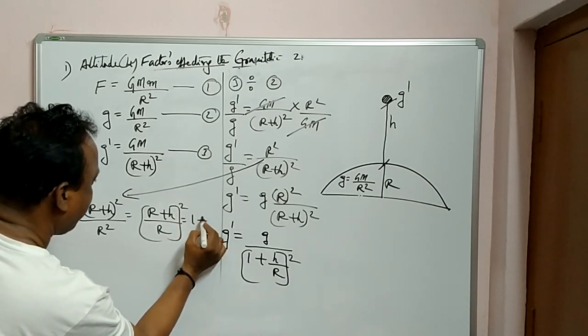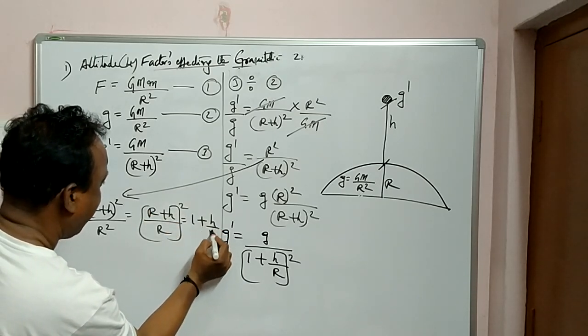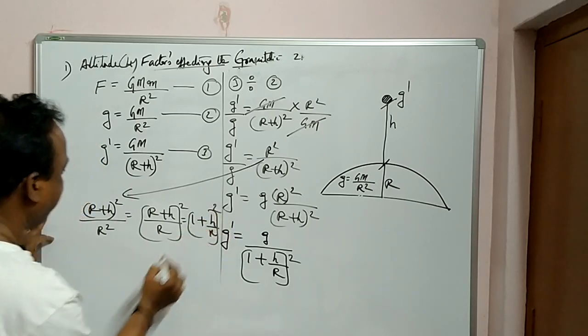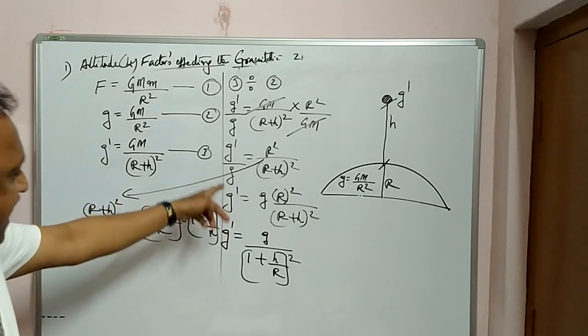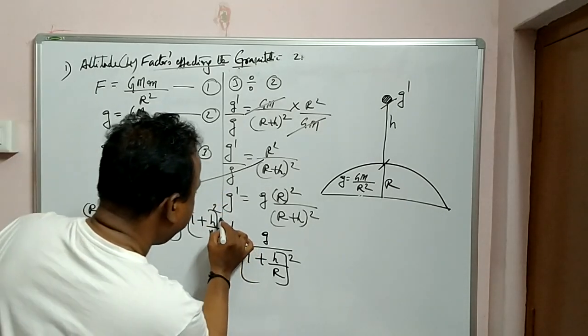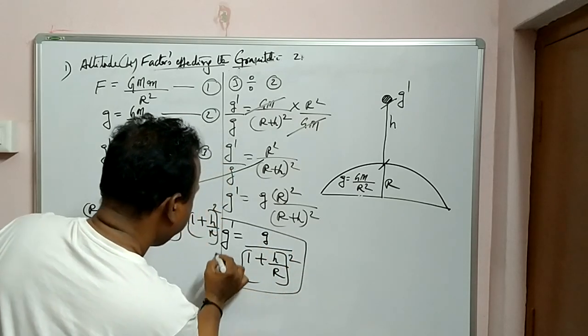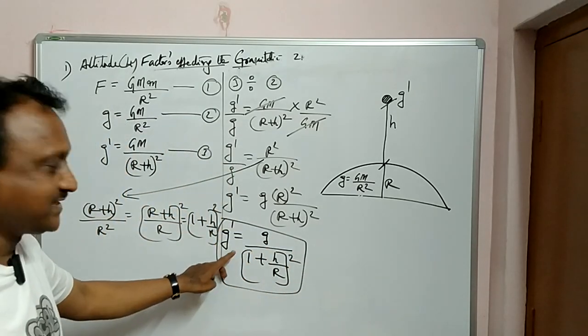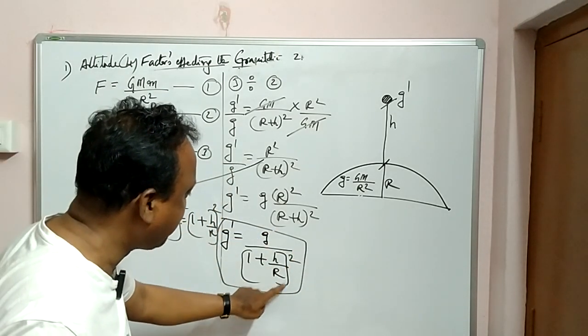This is nothing but 1 plus h by R whole square. So if you transfer that one, finally you will get an equation like this. G dash is equal to g by 1 plus h by R whole square.